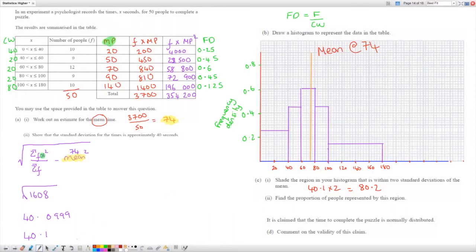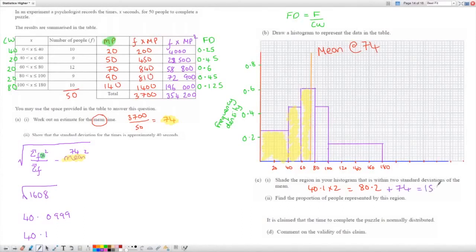So that means that all of the area below the line, our mean line, will be shaded. So everything in here, in our first bar, second bar, third bar, partly through here, and then above, we are going to be taking our 74 and adding on here.